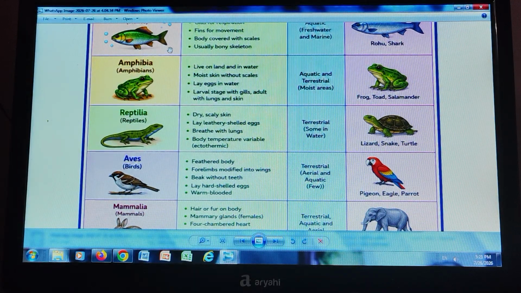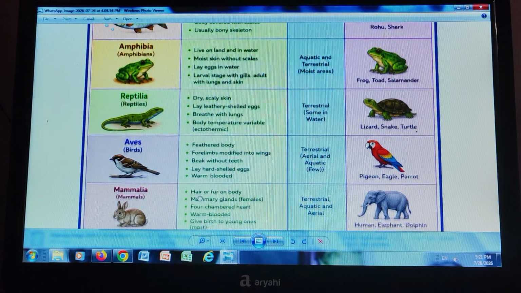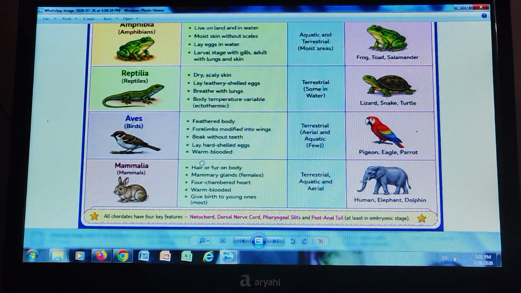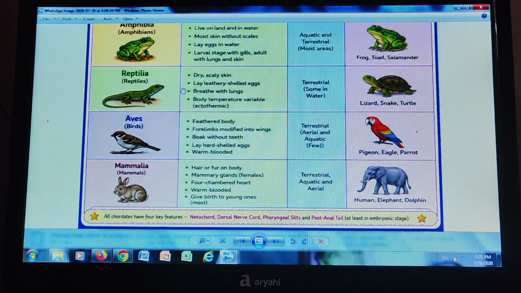So development of the heart you can see gradually from Pisces to the mammals. Two chambered, three chambered, incompletely divided, four chambered. In reptiles, at last we get crocodiles, which have a developed four chambered heart. So Aves and mammals have four chambered heart.